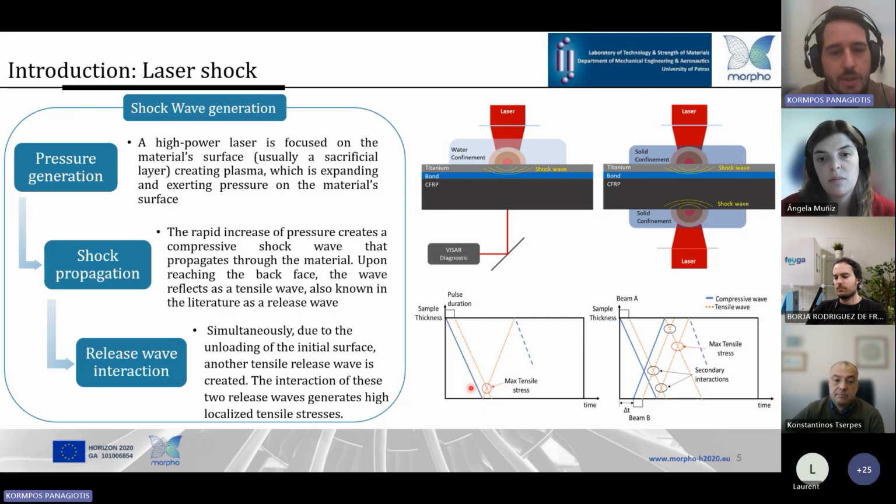Now, the interaction between those two release waves results in high tensile stresses, and their location can be challenging to control because it depends on the laser characteristics and the material properties. So different configurations are used, such as the symmetric laser shock configuration and the double shot. A lot of techniques Laurent already mentioned.